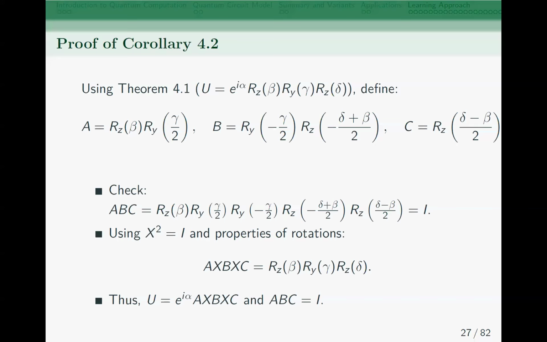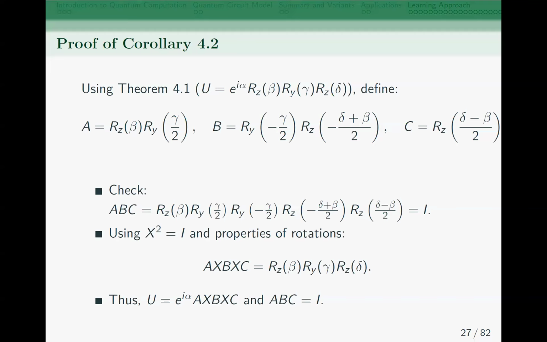Now you define A to be Rz(beta) for this term, and then you split the middle gamma phase in half. B is defined to be Ry(minus gamma divided by 2) Rz(minus (delta plus beta) divided by 2), and there's an extra C for Rz((delta minus beta) divided by 2). So we decompose into three of them.